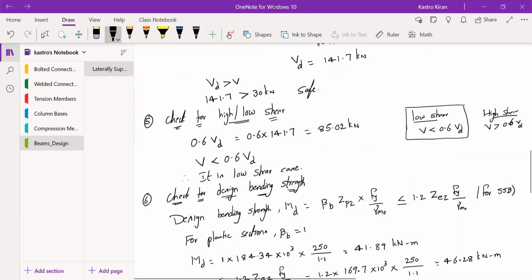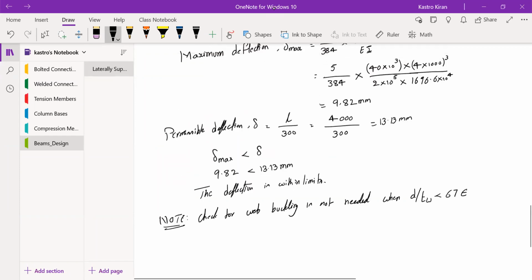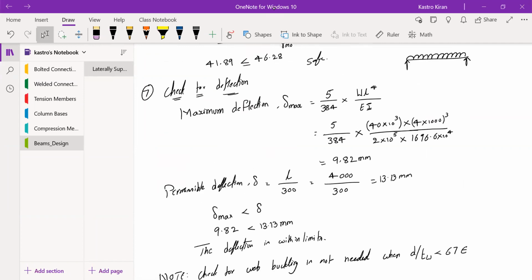Note: check for shear buckling or web buckling is not needed when D by TW is less than 67 epsilon, where epsilon value is 1. So you don't need to bother about that. Remember this condition: when the D by TW value is less than 67 epsilon, then you don't need to solve for the check for web buckling. So this is the entire process of solving or designing a laterally supported beam.